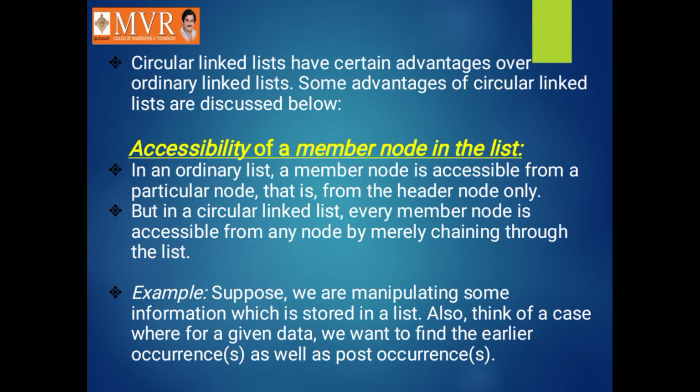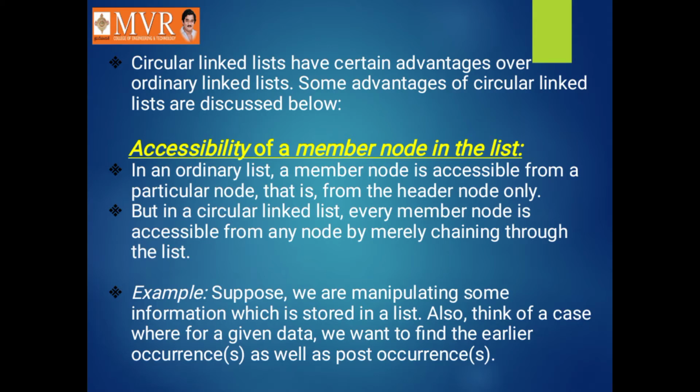In a double linked list we can move in both directions, and it is known as a two-way list. That is, we can traverse in both directions, from the starting node to the ending node and from the ending node to the starting node. But the circular linked list has more advantages over those single and double linked lists.